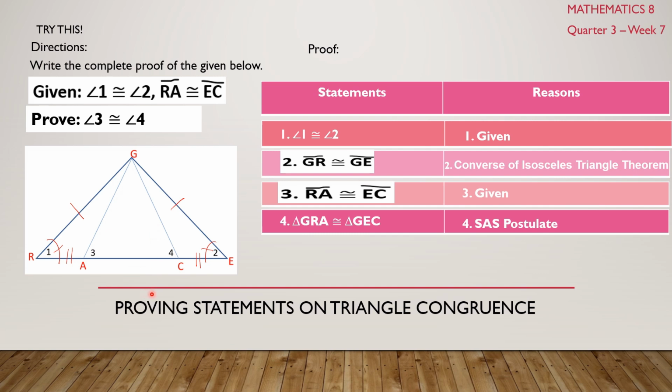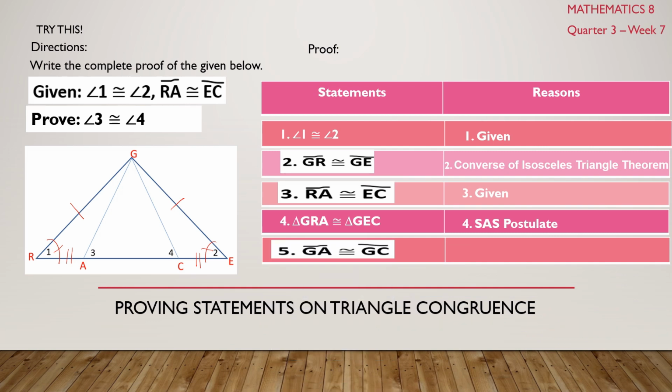Next. Since na-prove na natin na itong dalawang triangles na to ay congruent, therefore, side GA and side GC are congruent by CPCTC, corresponding parts of congruent triangles are congruent. Lagyan natin siya ng markings. 1, 2, 3, 1, 2, 3.